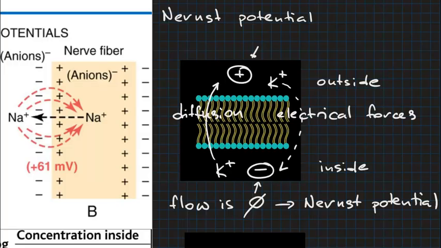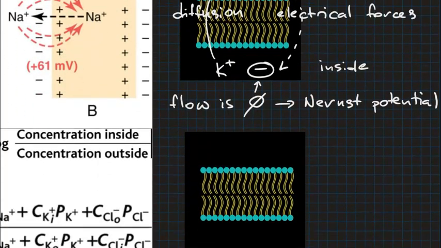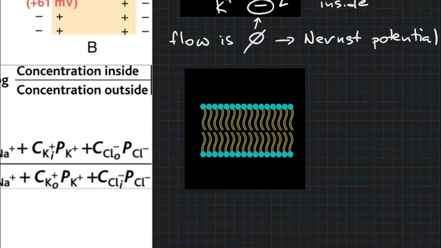So, the Nernst potential for potassium, will it be positive or negative? Negative. It's inside. Now, let's figure out sodium. The concentration of sodium is higher outside, so it will diffuse in, bringing what charges into the cell and leaving behind what?